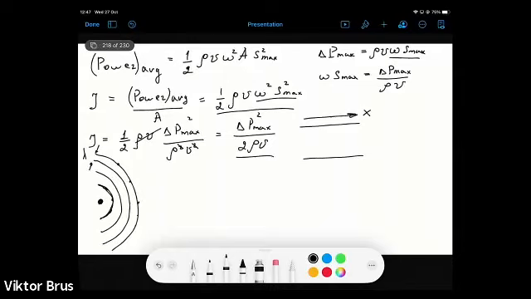And also these radial directions, which go outwards from the center, define the direction of sound wave propagation and are called rays.